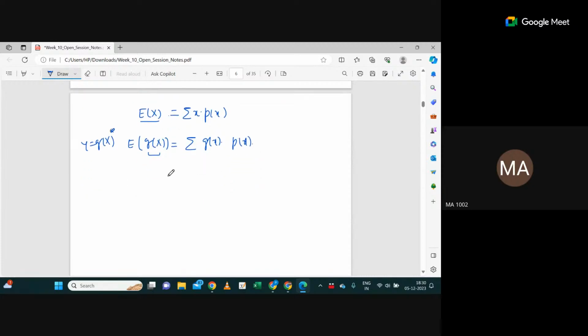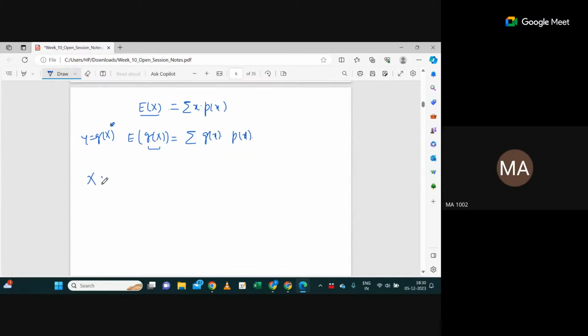What is the meaning of this? Suppose x is taking the values 1, 2, 3, and the probabilities associated with these values are 1/3, 1/3, and 1/3. What will be the expected value of x?